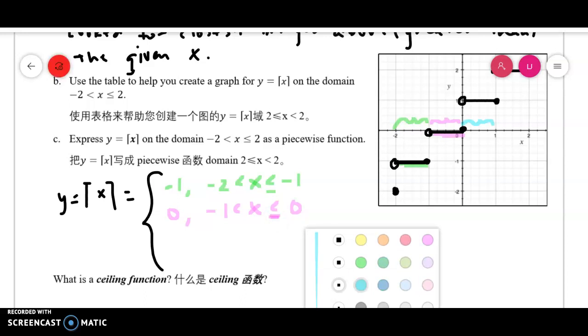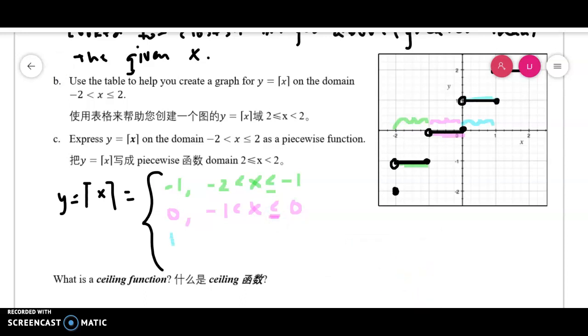Then we've got the blue section here, that y value is 1. That happens from 0 to 1, and that last section, I'll just write in black, that y value is 2, and it happens from 1 to 2, but look, oh, we are including 2. I was thinking we weren't, and I forgot my equal sign up above as well. There we go.